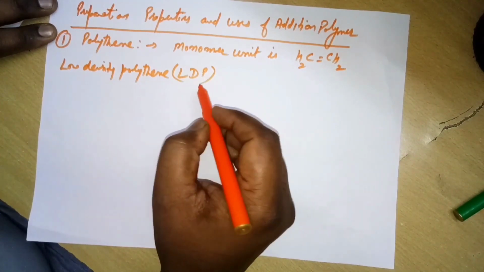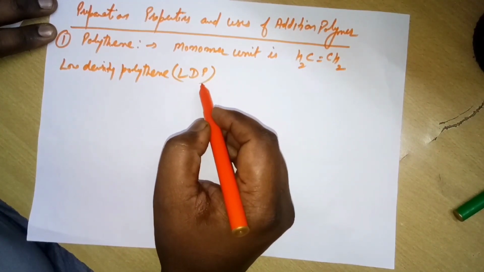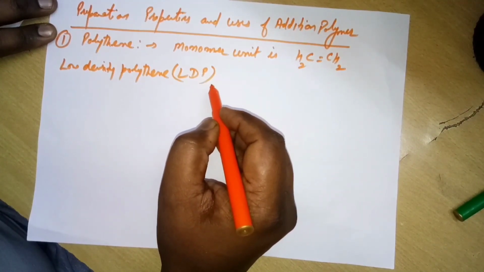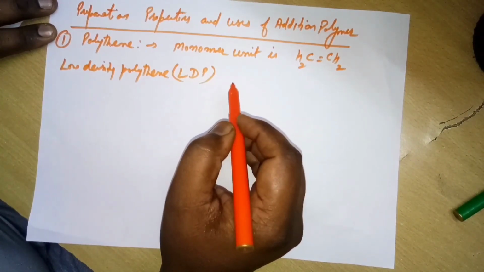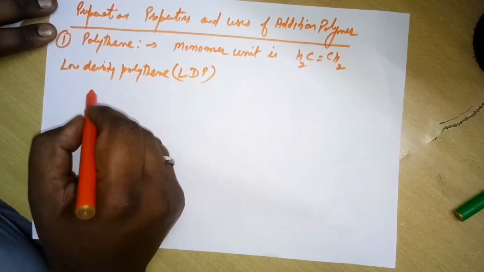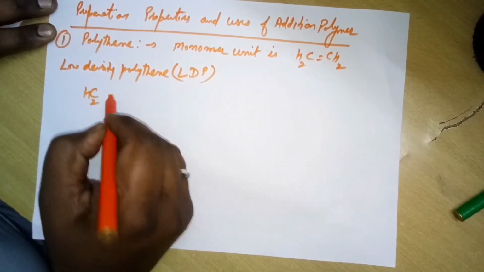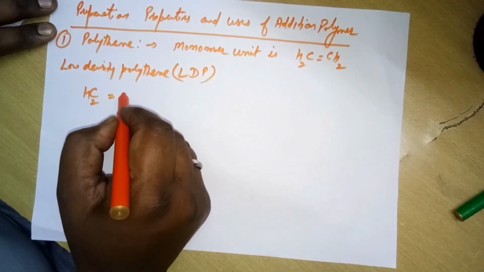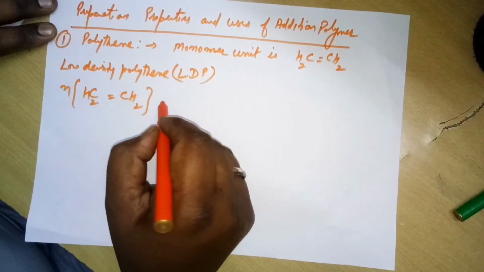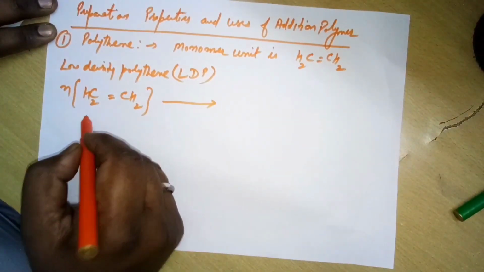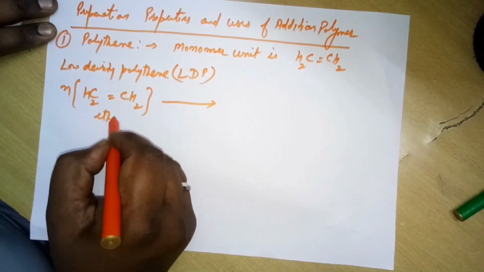It is manufactured by heating ethylene to 350 to 570 Kelvin under a pressure of 1000 to 2000 atmosphere and in the presence of traces of peroxide. We will take n molecules of ethene, the monomer unit.